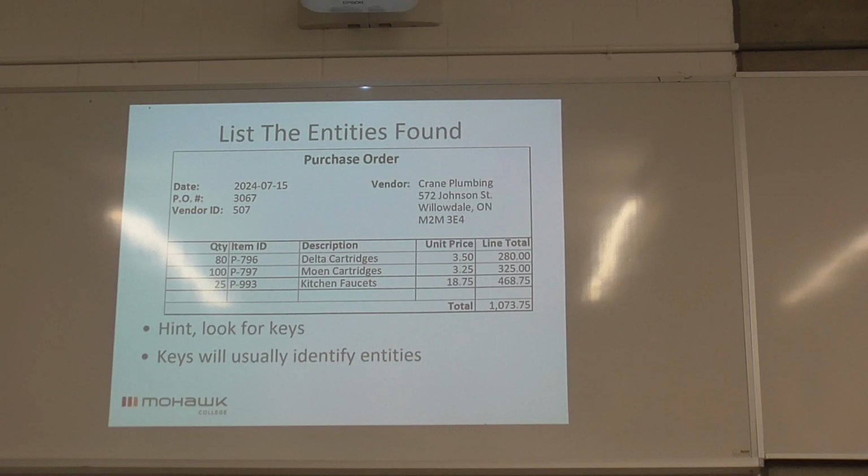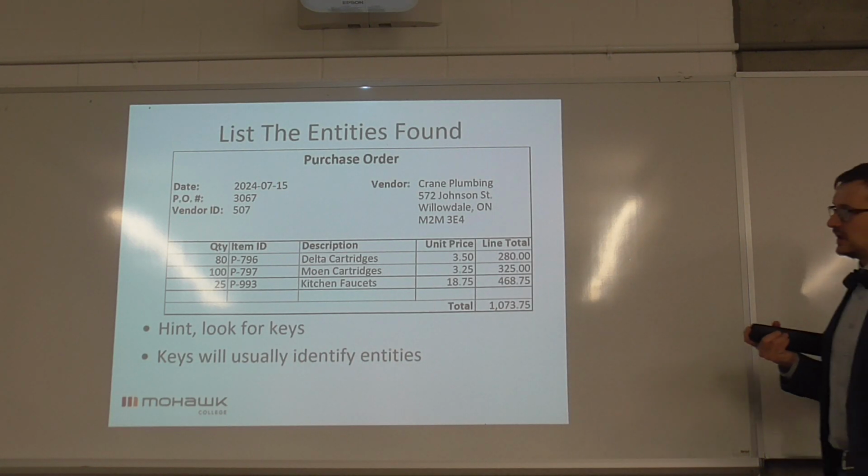What the order number is, what vendor is making the order, the date that the order was made, the information respecting the vendor themselves, the items, quantities, IDs, descriptions, prices, and totals, and the grand total at the end. All of this information is present in the purchase order.